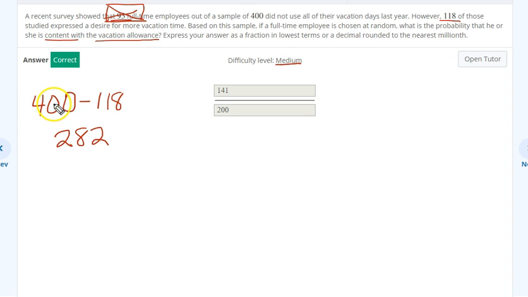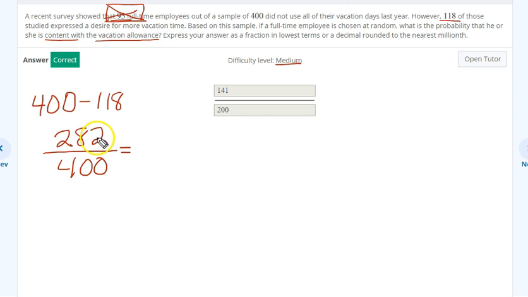So as we go to the analysis of what we need to do, we have our total of 400. We have 118 express desire for more vacation time. So we're going to find the complement of this, in a sense, by subtracting the 118 from the 400, which gives us now 282, which are those who are content, and this would be out of 400.